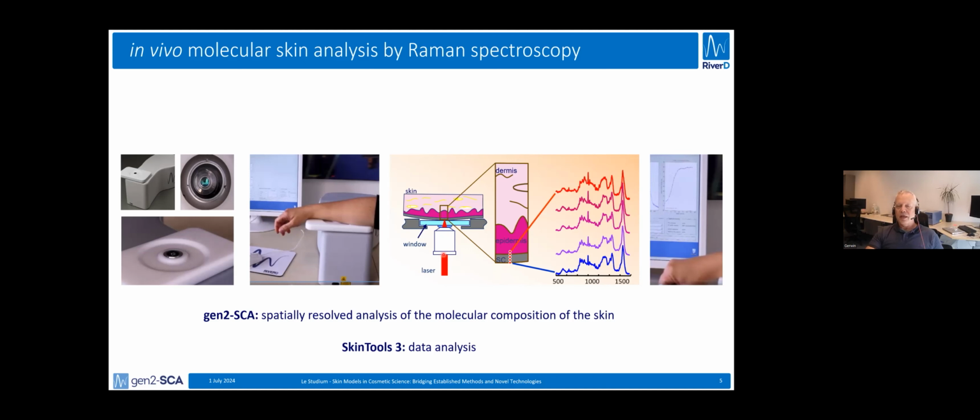And by moving the microscope objective up, you focus deeper and deeper into the skin. And in this way, you get spatially resolved Raman spectra, which tell us about the molecular composition at that position in the skin.